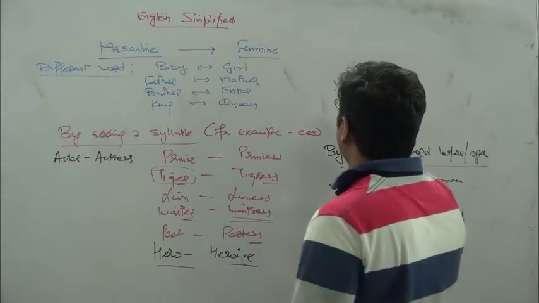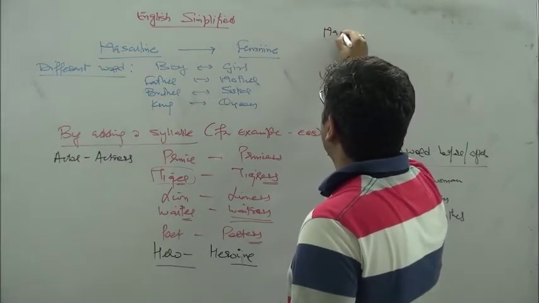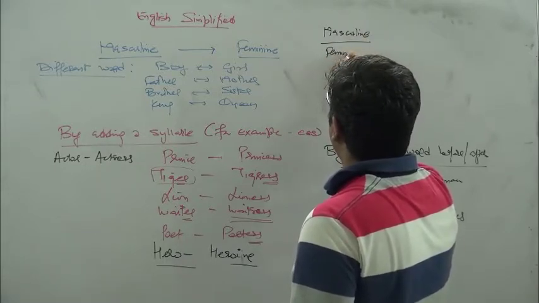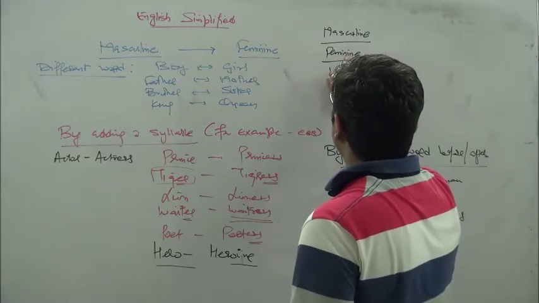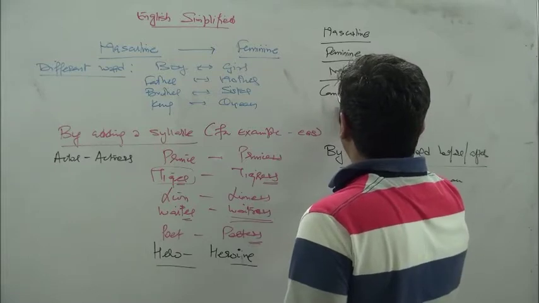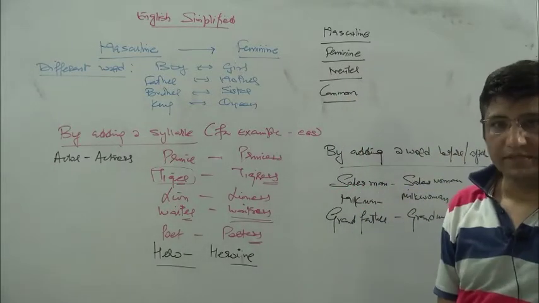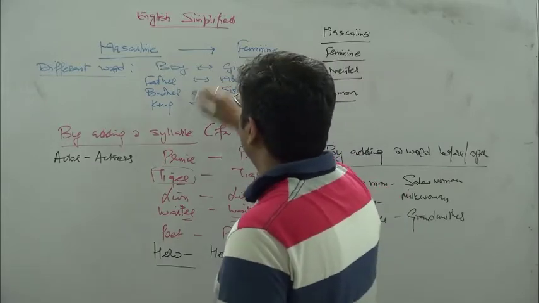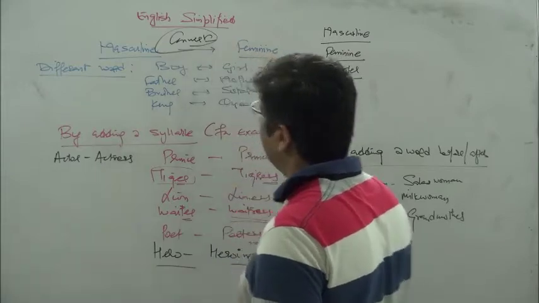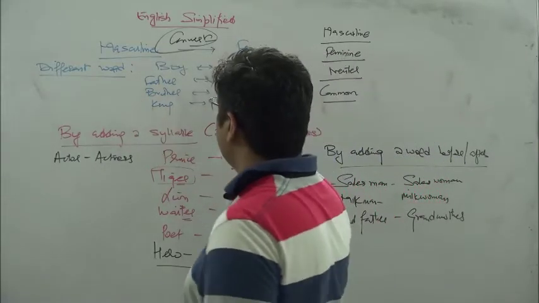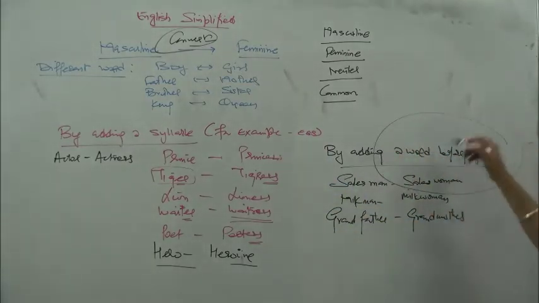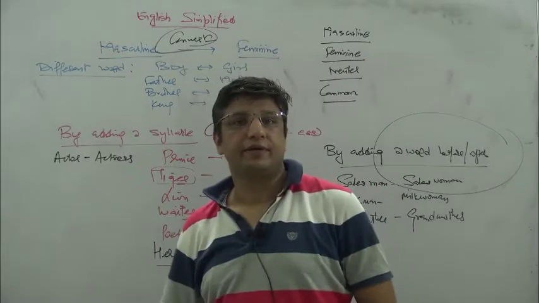All right, so what you need to get more comfortable with regarding nouns in terms of gender is that, remember, there could be a masculine gender, a feminine gender, a neuter gender, and a common gender. And then we said that to convert one gender into another, we would use a different word altogether, maybe adding a syllable or maybe adding a word before or after.